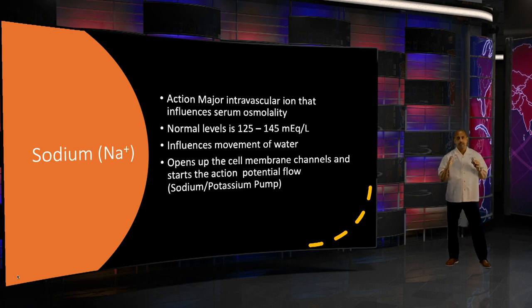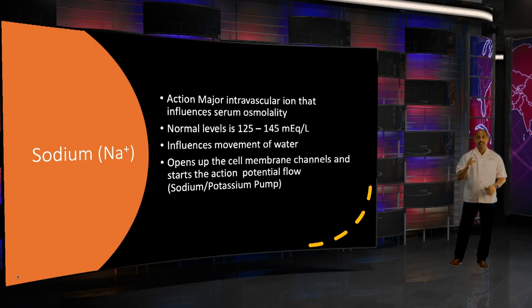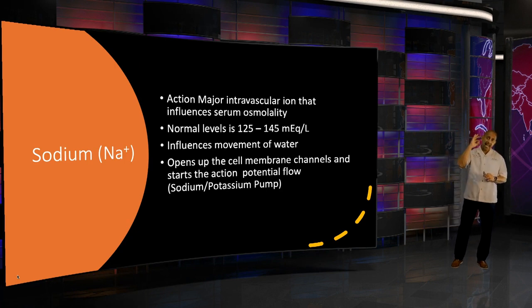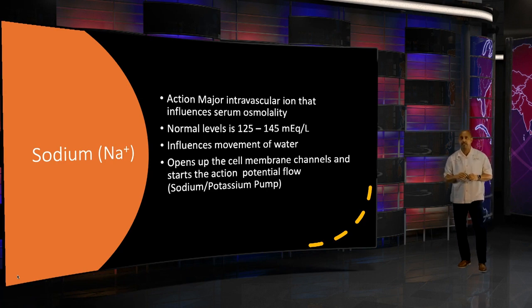Sodium. So if you notice, I talked about first all the electrolytes that are intracellular. This is the electrolyte, the ion that is extracellular, outside the cell, versus the other ones we just talked about, intracellular, right? That's the big difference here.